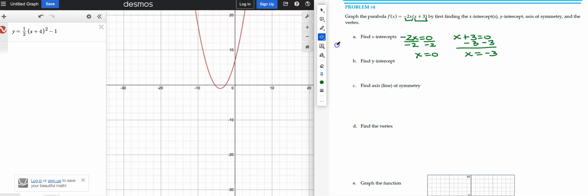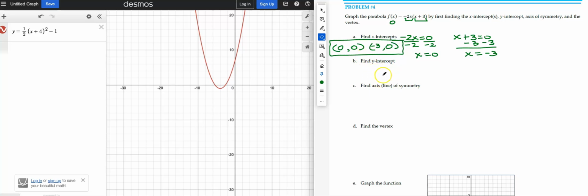Okay, but then we need to write those intercepts down, these x-intercepts, as ordered pairs. Now this is kind of funny, right? So we said x is 0, and our other x is negative 3, right? But remember, we put 0 in place of that y, so we've got the point 0, 0, and negative 3, 0. So those are our two intercepts.